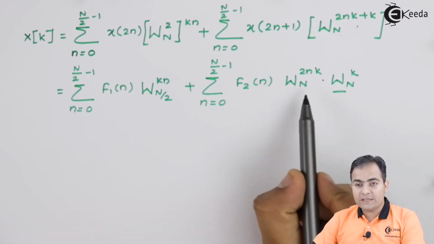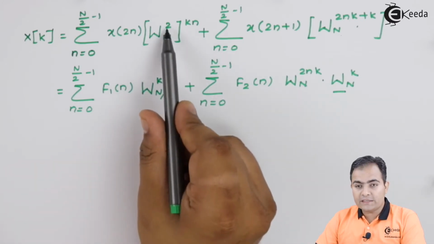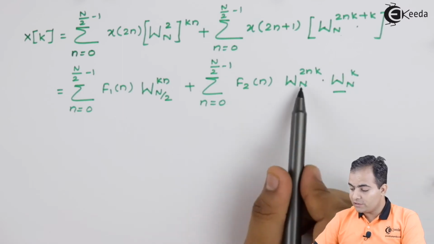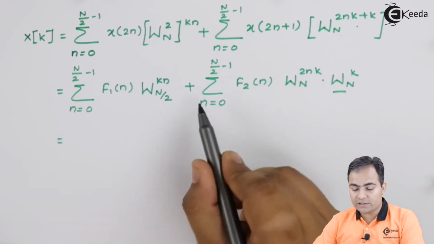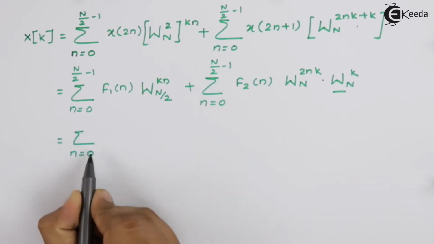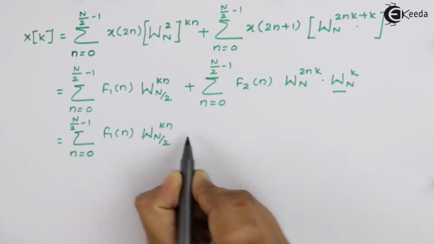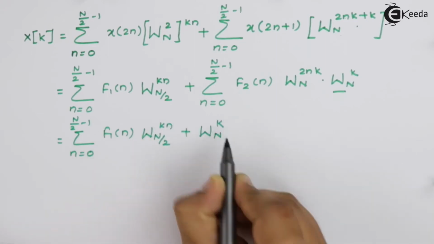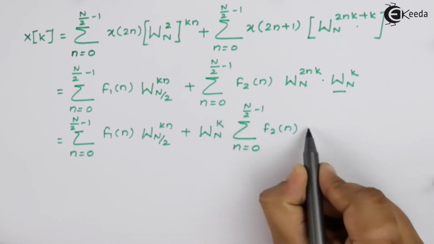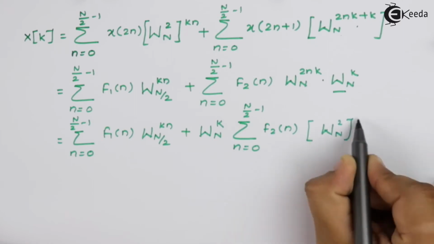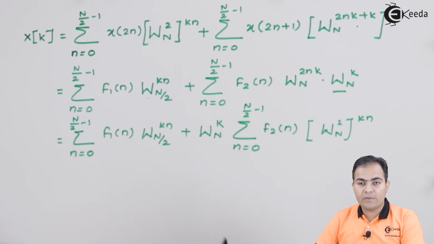Now we will do the same thing which we have done over here. I'm going to keep 2 inside and I'm going to write kn outside. Here also we'll do the same thing. First of all, I'll write this constant part outside, and we have calculated this value, which is omega n by 2 only.